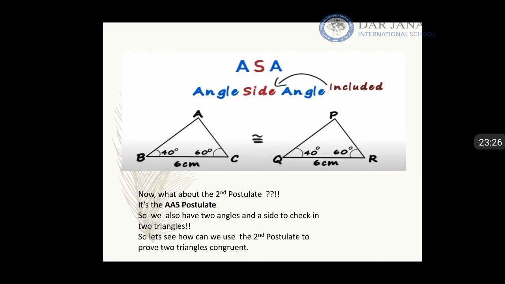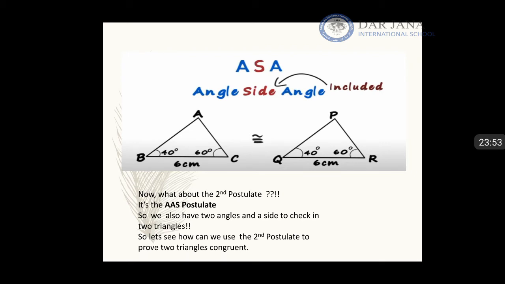In those two triangles we have angle B congruent to angle Q, angle C congruent to angle R, and BC congruent to QR. So we have two angles and the included side congruent to two angles and the included side in the second triangle. So those two triangles are congruent using angle side angle, and remember the side should be included within the two consecutive angles we have.